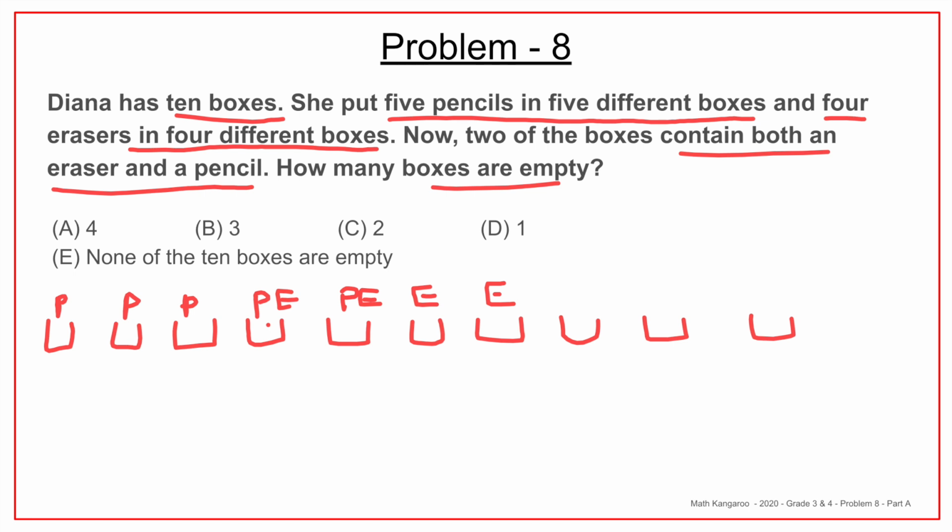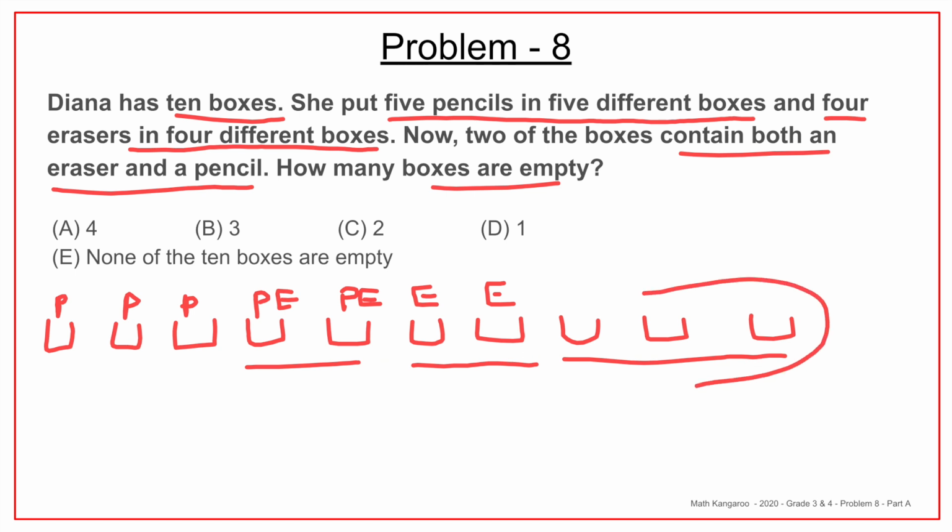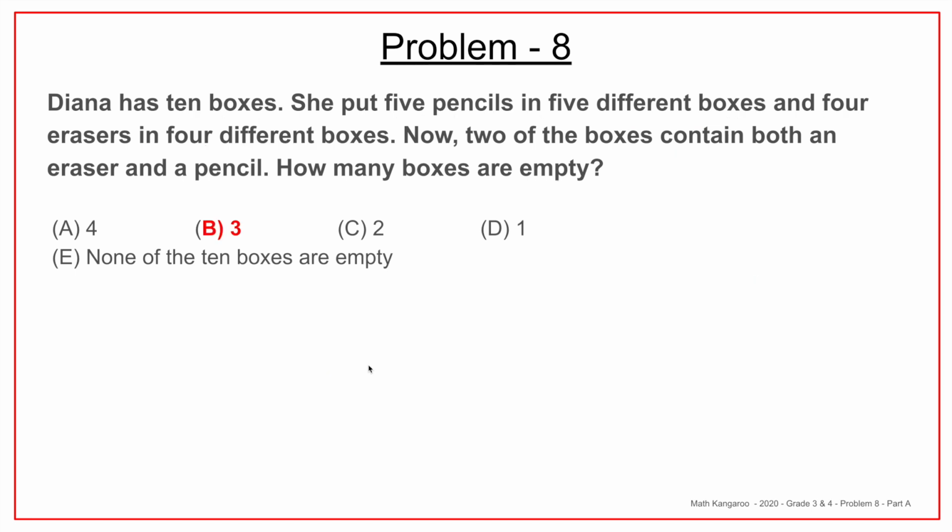Now we have 5 boxes with pencils and 2 of them also have an eraser. This means there are 3 boxes that have pencils only. Similarly, we have the rest. 2 have erasers only and 2 have both. So we can see that we have 3 empty boxes in here. So our answer is option B, 3.